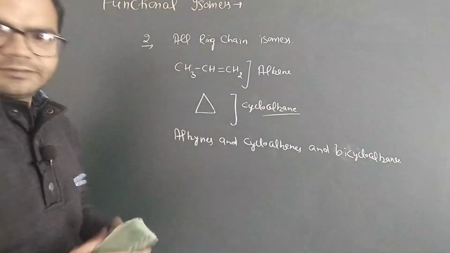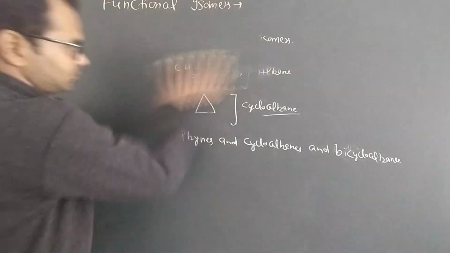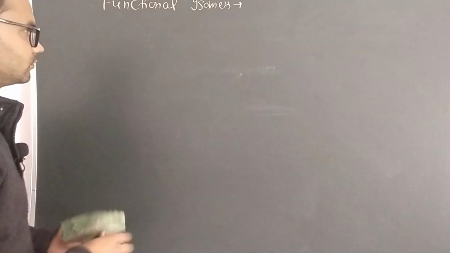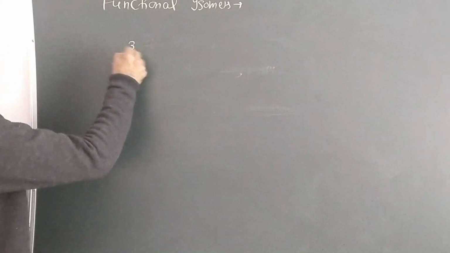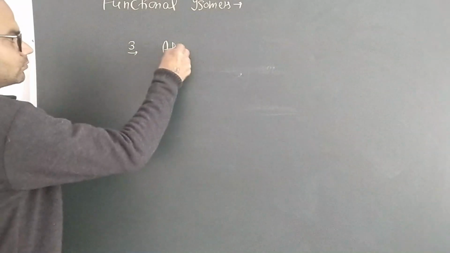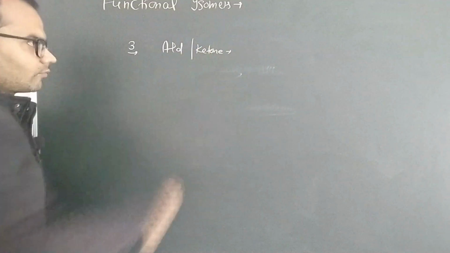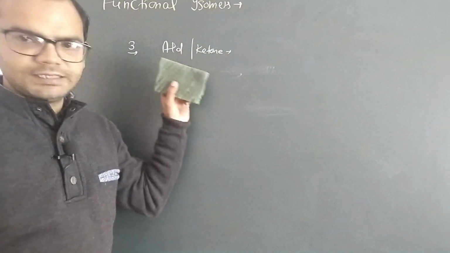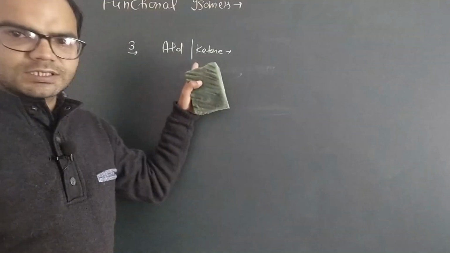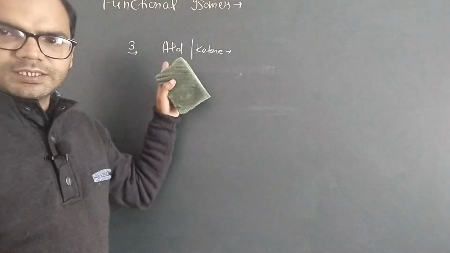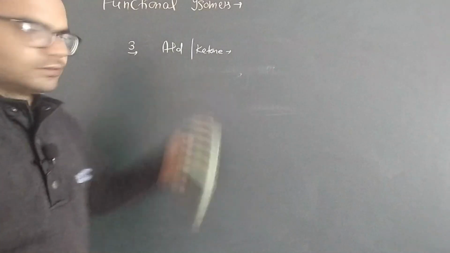So the third set we have is aldehydes and ketones. As we know, ketone starts from 3 carbons, so we compare a 3 carbon aldehyde and a 3 carbon ketone.